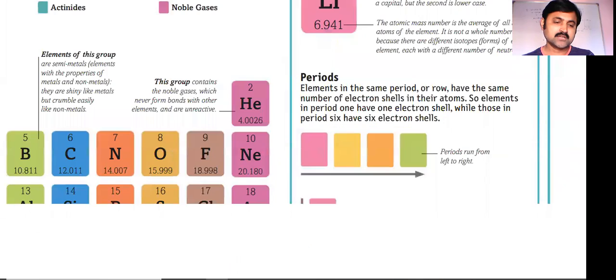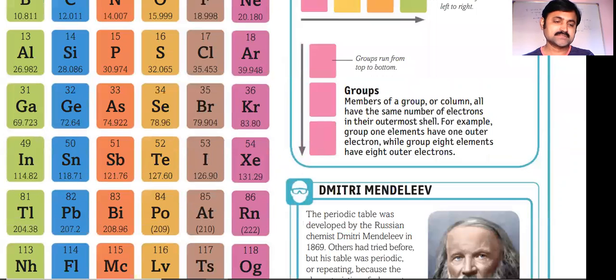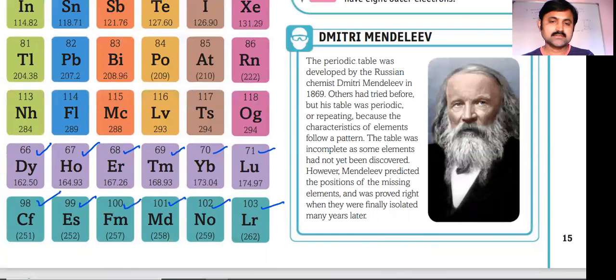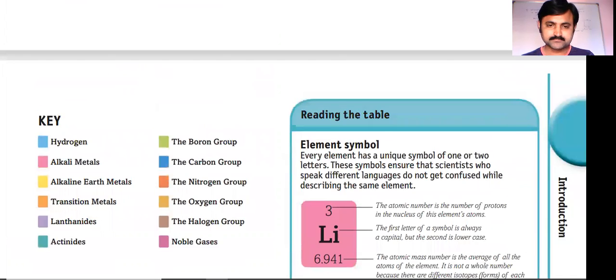Next, 98 is californium, 99 einsteinium, 100 fermium, 101 mendelevium, 102 nobelium, and 103 lawrencium. These are the actinide elements.